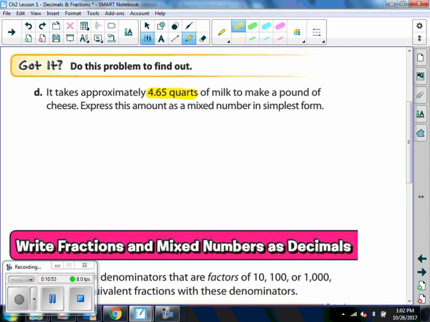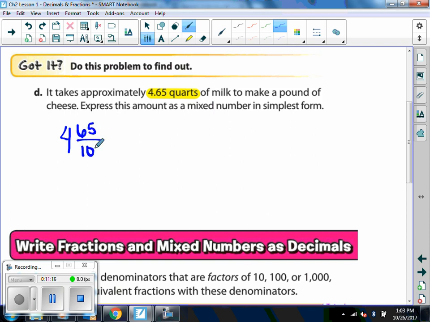Very good. So that's 4, this is a mixed number, 4 and 65 over 100. And now we can simplify. So what can I divide by? Yep, divide by 5 in the numerator and in the denominator.